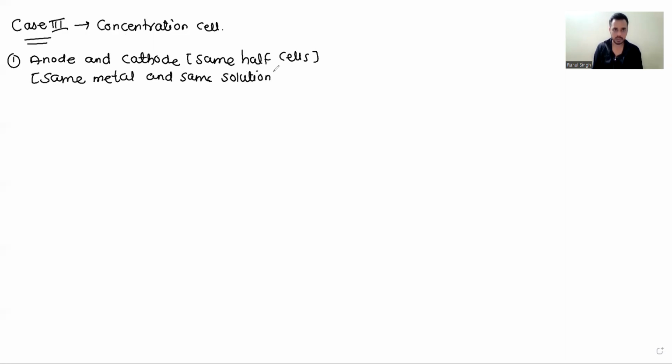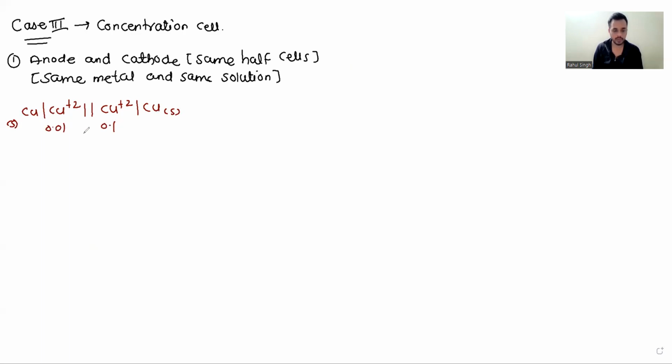Same metal, same solution. So what we are supposed to do over here? Let's take an example of copper now. Copper is converted from Cu plus 2, and here we have Cu plus 2 and copper over here. Same metal, same solution, and this we are taking 0.01 molar.